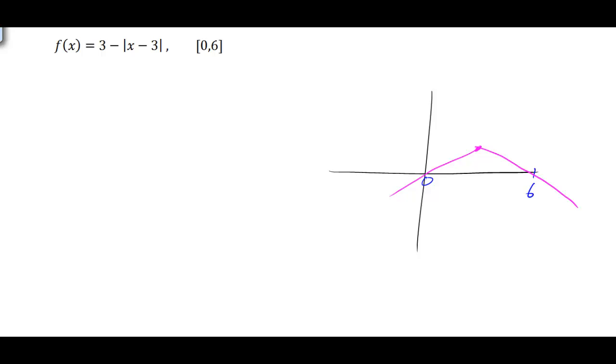And first of all, is this going to be continuous? Well, of course, we know it's an absolute value. It's going to be continuous. There's no gaps. Is it going to be differentiable?